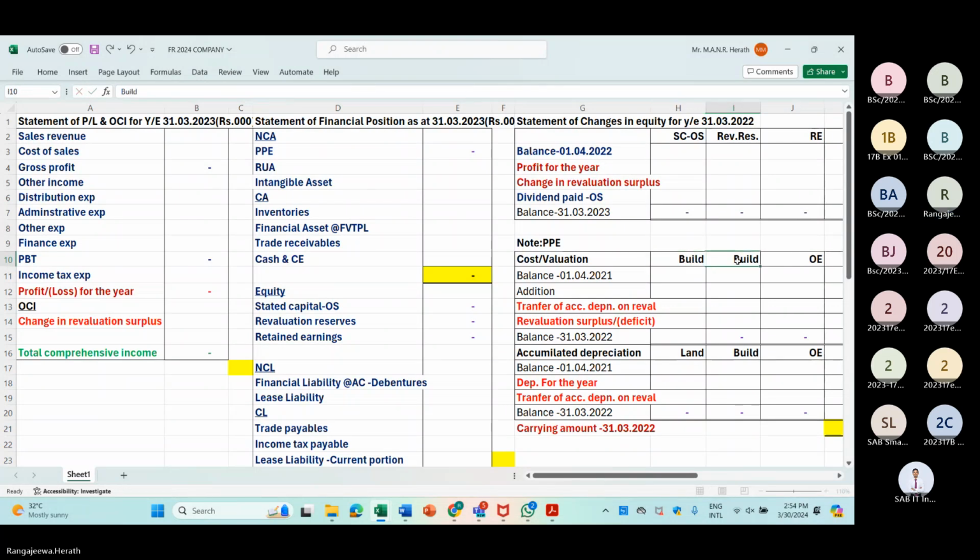Building and office equipment and total. There's a revaluation of building. So which result transfer of accumulated depreciation also, right? So 22, 23.